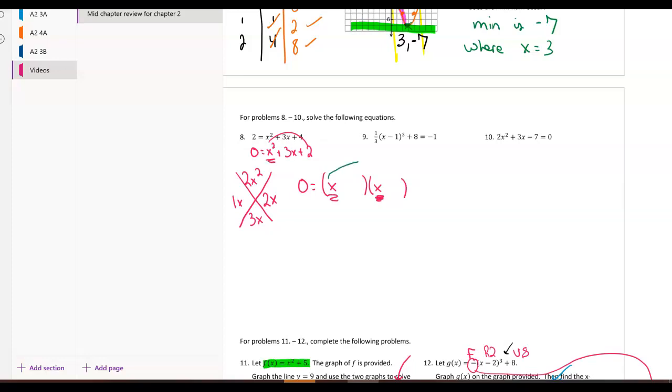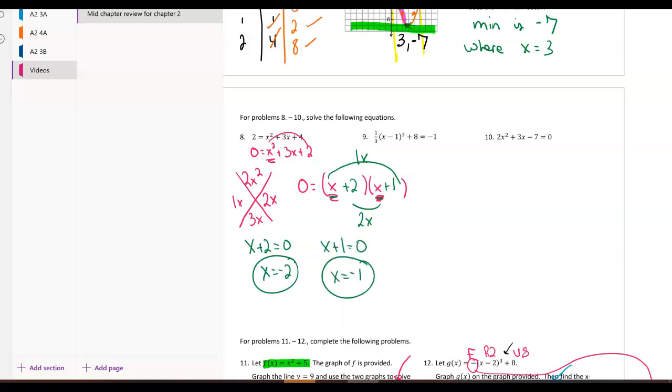And now these loops can make the 1x and the 2x. Doesn't matter which one does what because we're starting with our x's here. So x times a positive 1 can make 1x, and x times a positive 2 can make 2x. I then set each factor equal to 0 and solve. So there's one solution, and here's the other solution.